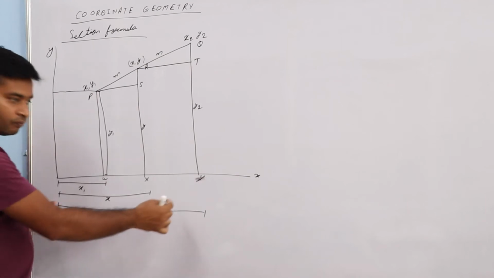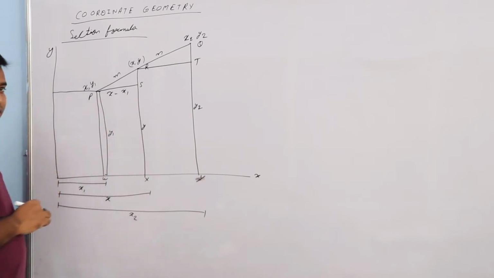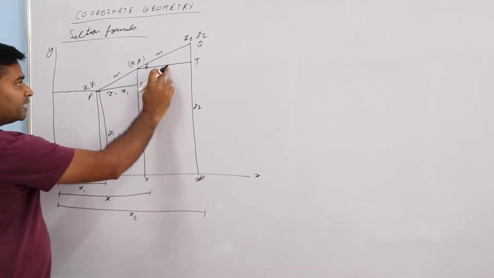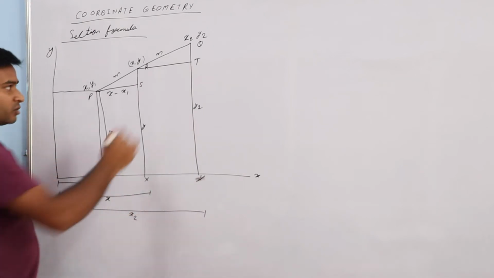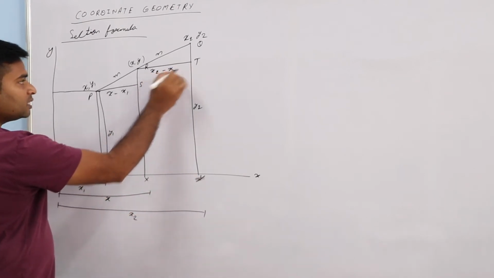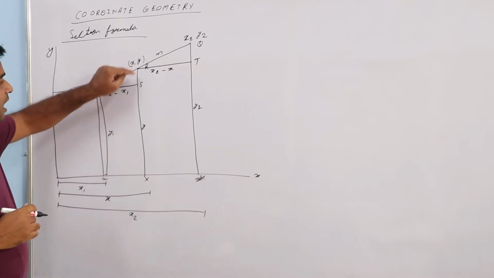From this minus this means x minus x1. Same like this, find RT, which is x2 minus x.